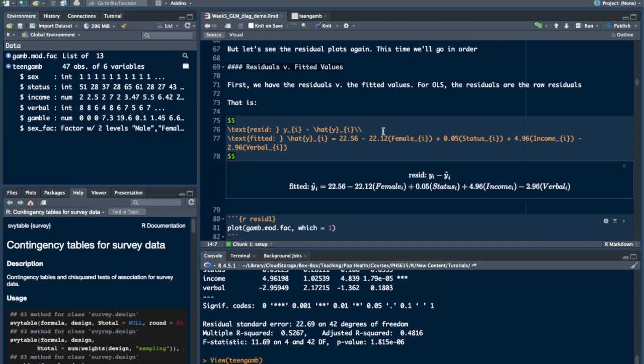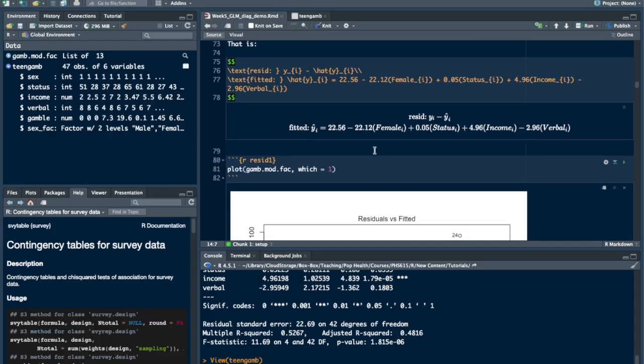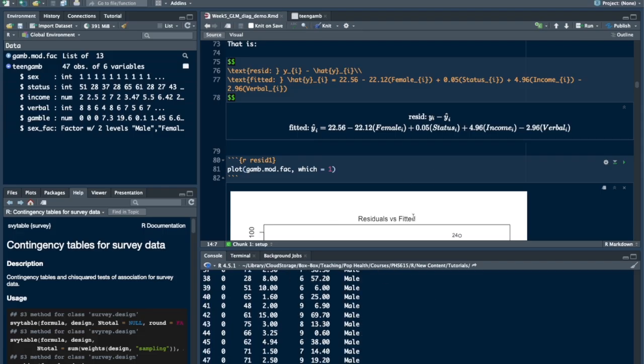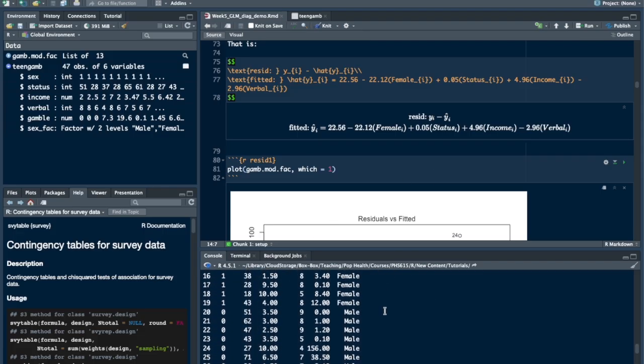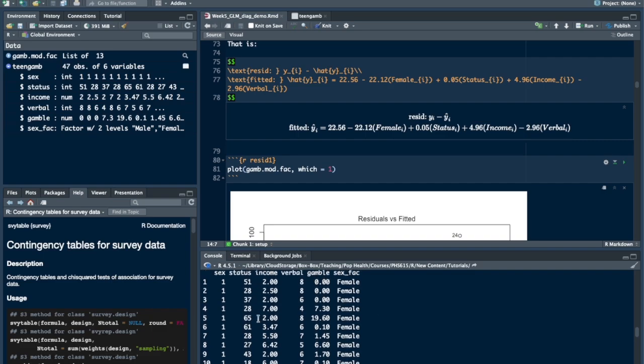So how would we get that person's, what would we predict for that person? Well, that person, if we look at the data set, and I'll just pick that person out here, we can actually print the whole data set down at the console by just typing teengamb. And so we see that was case number 5.